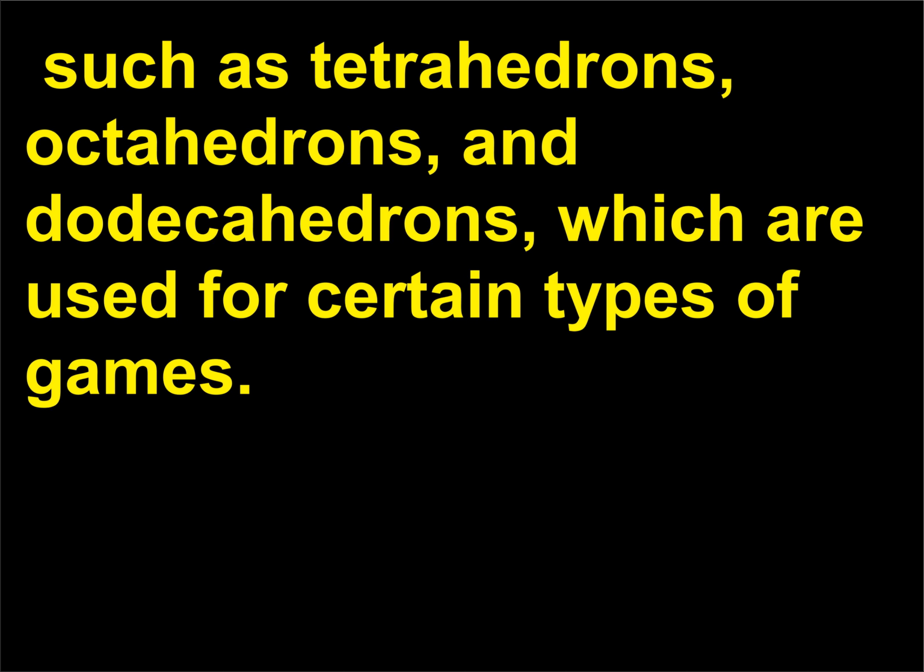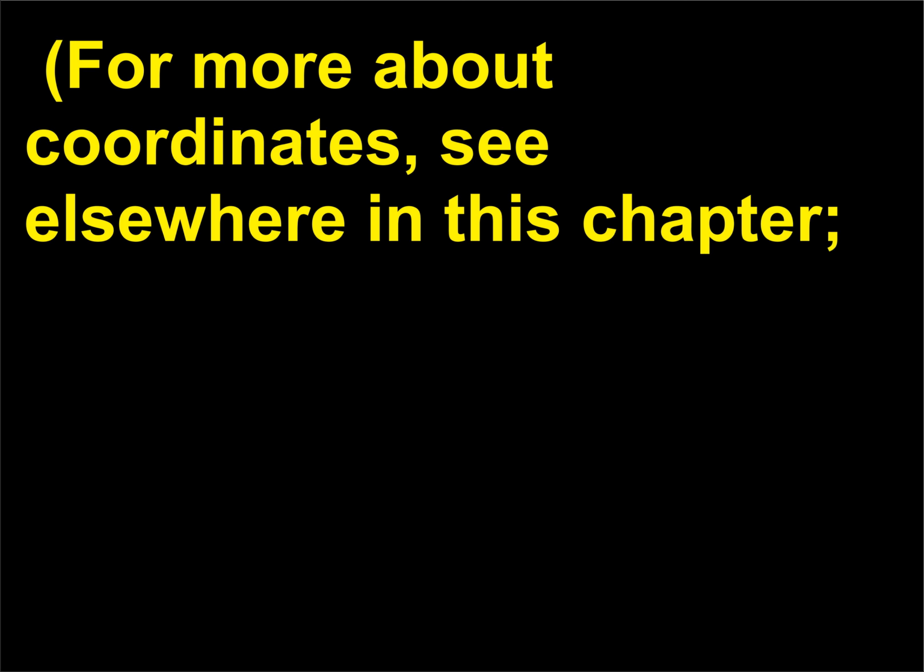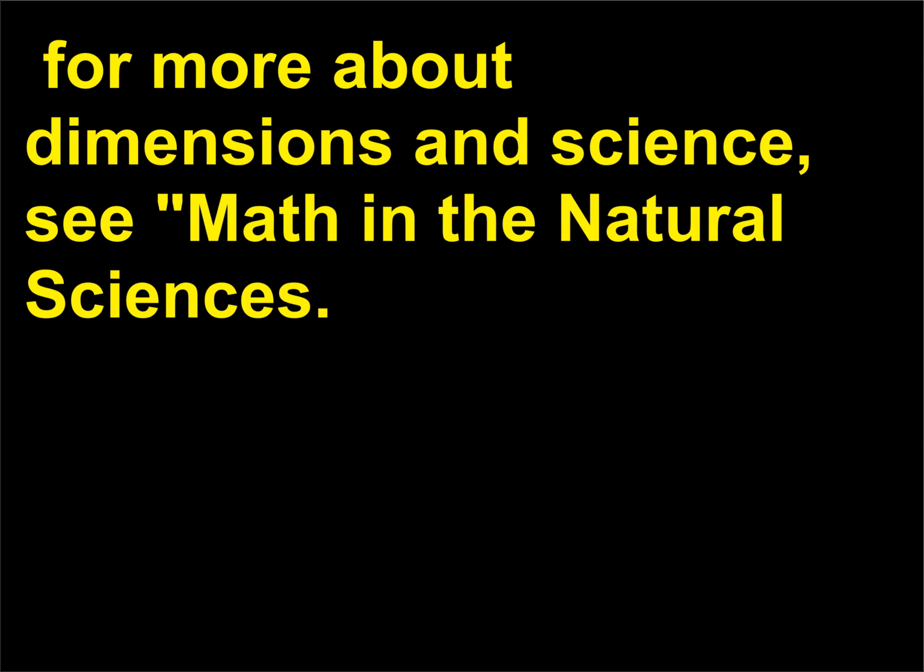The dimension of an object is often referred to as its dimensionality. For more about coordinates, see elsewhere in this chapter. For more about dimensions and science, see Math in the Natural Sciences.